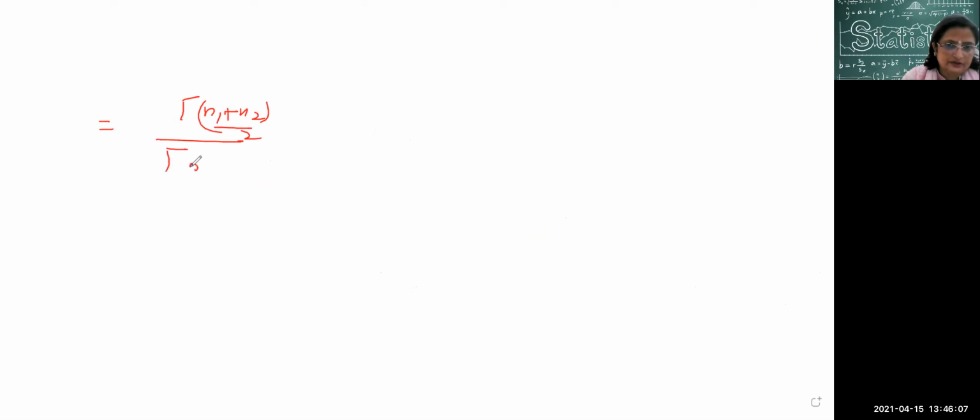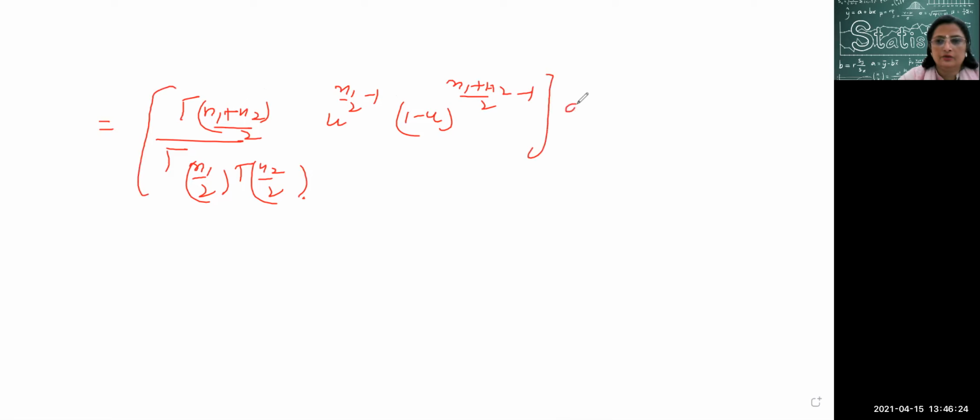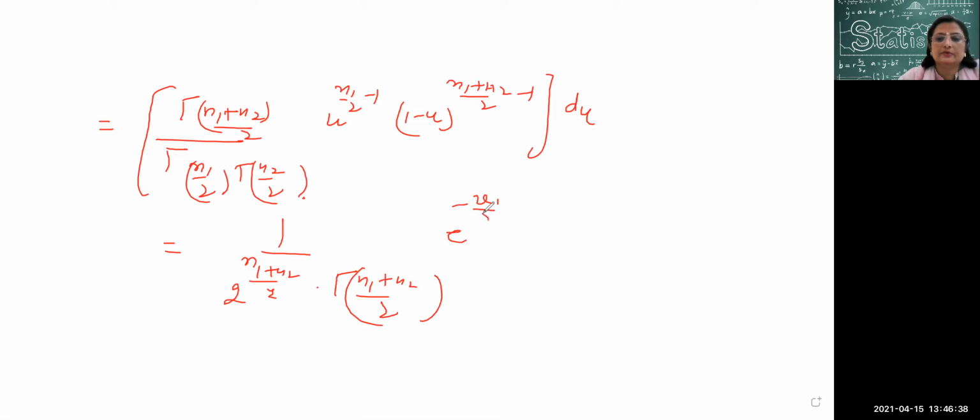I will introduce 1 by beta of n1 by 2, n2 by 2, u raised to power n1 by 2 minus 1, 1 minus u raised to power n2 by 2 minus 1, into du. Now what we introduced, we have to divide here. That part we will take on the side of v: 1 by 2 raised to power n1 plus n2 by 2 into gamma of n1 plus n2 by 2, e raised to power minus v by 2, v raised to power n1 plus n2 by 2 minus 1, into dv.